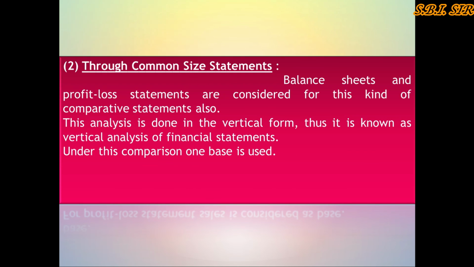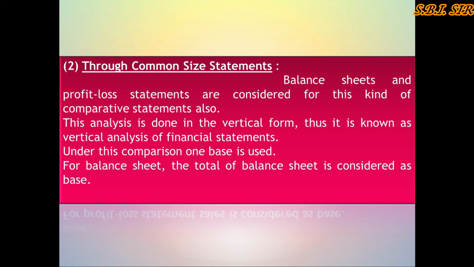Under this comparison, one base is used. For balance sheet, the total of balance sheet is considered as base. Total of balance sheet means total liabilities or total assets. For profit loss statement, sales is considered as base.